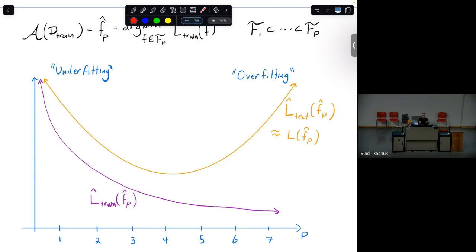So if I want to pick what polynomial, like what's the complexity of the function class I use, what am I going to do? I'm going to pick the one that gives me the best predictor on new data. That is going to be over here. So this would be the one I choose. This is going to be the polynomial degree I choose.